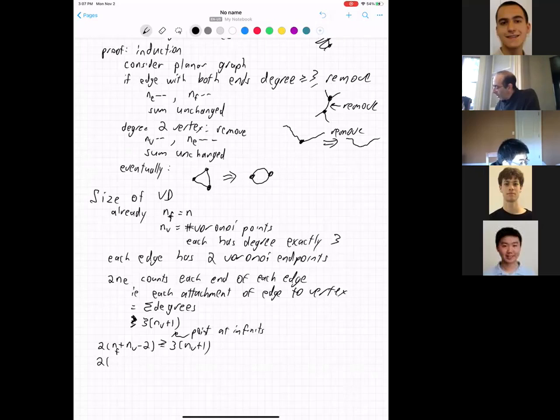But now we recall that n sub f is equal to n. And rearranging that tells us that n minus 2 is greater than or equal to (nv plus 3) divided by 2, which means that nv is at most 2n minus 7. And so this is the crucial conclusion: the number of Voronoi points is less than twice the number of input points.